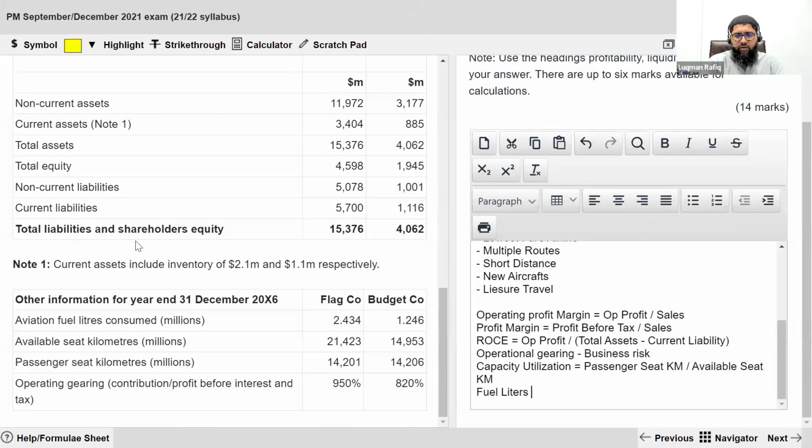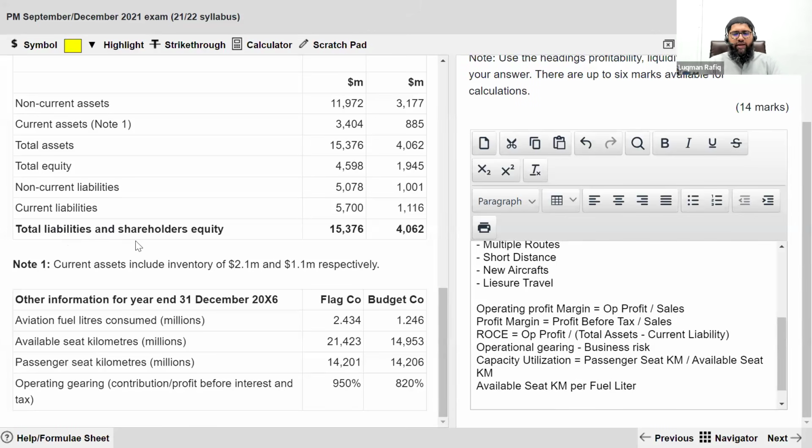Fuel liters per available seat kilometers, or available seat kilometers per fuel liter. This is what you would do, and this is what you would calculate.